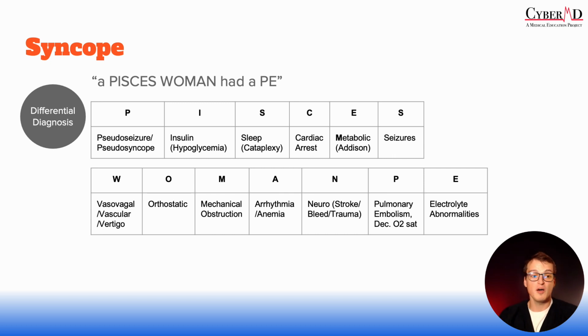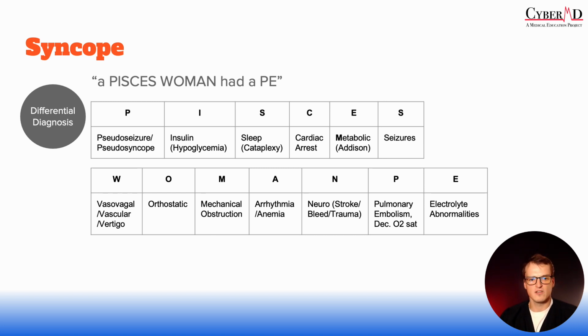The W in woman actually stands for vasovagal, can also remind us of vertigo as a mimic, and vascular to make sure that there's no hemorrhage and that there's no dehydration. I've seen people throw volume in under the two V's here for W. Vasovagal, though, which is our most common cause, is going to be syncope that's triggered by activation of the vagal nerve, leading to hypotension and bradycardia.